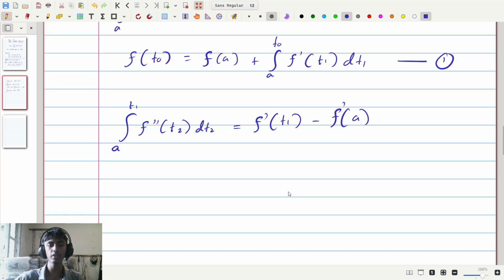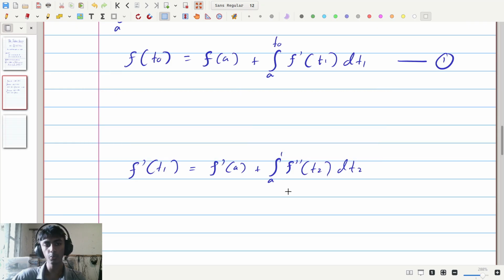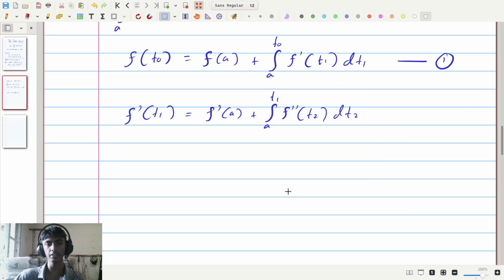Given this, we can rearrange and say that f prime of t1 is equal to f prime of a plus the integral from a up to t1 of f double prime of t2 dt2. You'll notice the symmetry of this expression with the above expression. In fact, they are exactly identical. It's just that now we have a different function as our main function and its derivative inside of the integral.